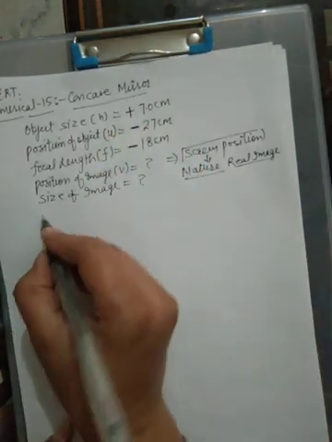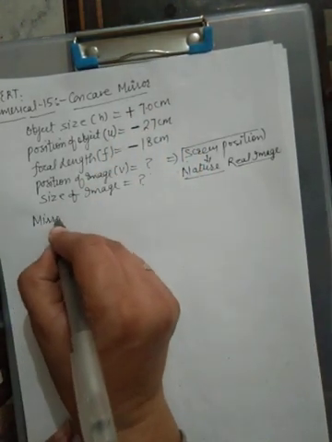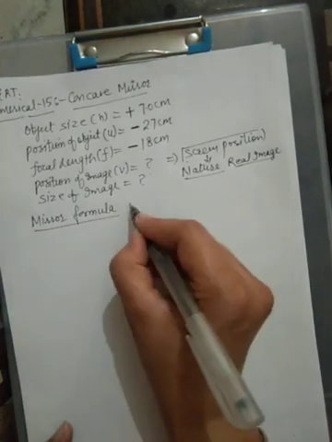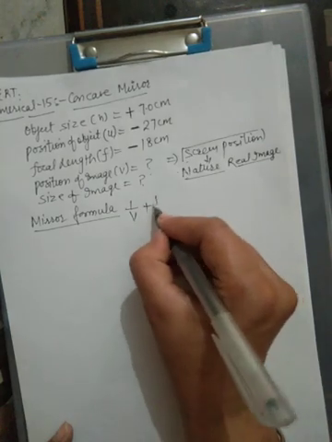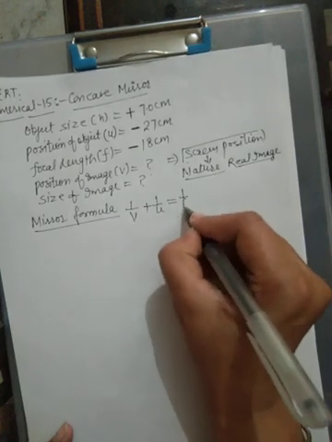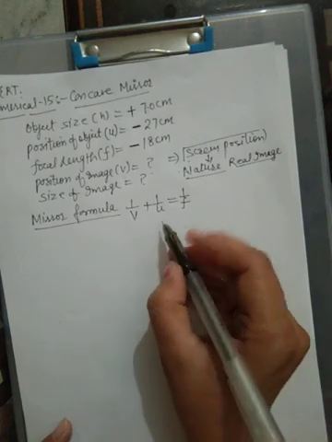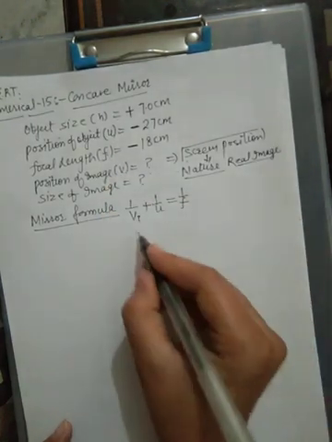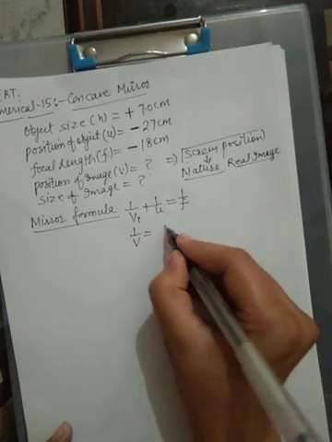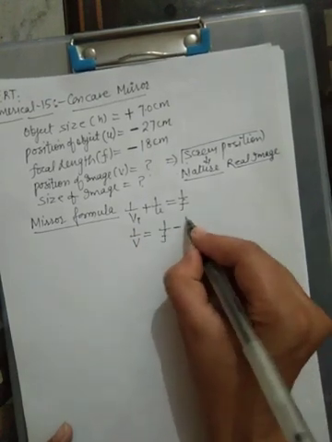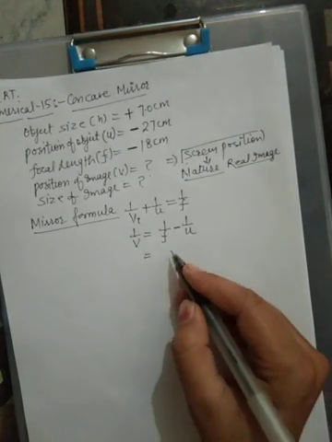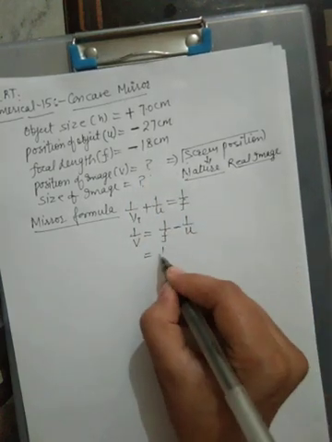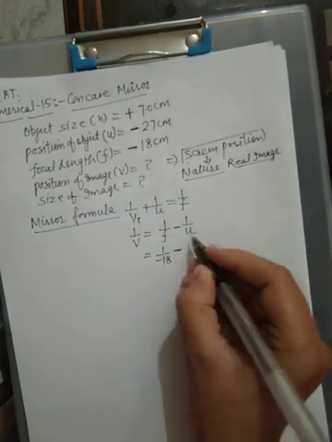As it is a mirror, we are using the mirror formula: 1 by v plus 1 by u equals 1 by f. u given, f given, v is to be found out. So keeping v on the left hand side, 1 by v equals 1 by f minus 1 by u. What is the value of f? F is minus 18. What is the value of u?